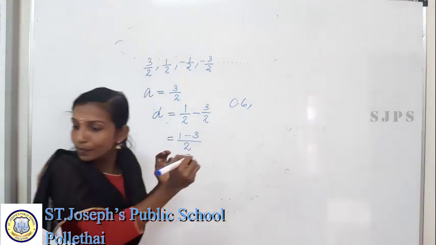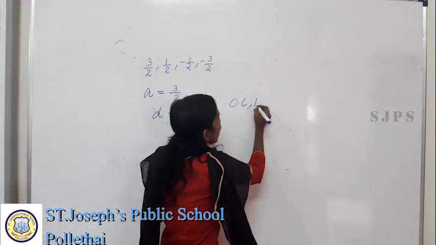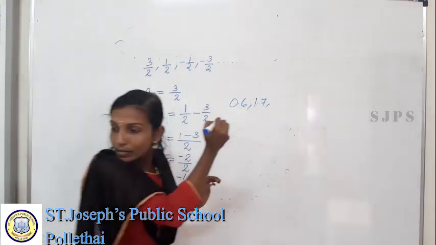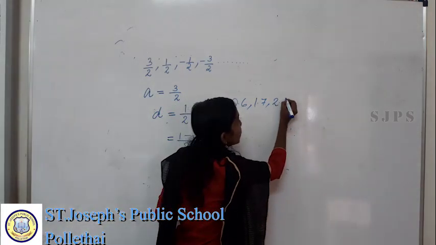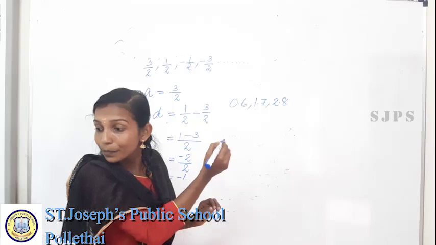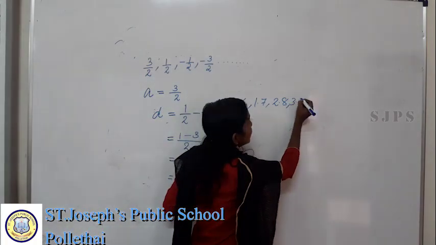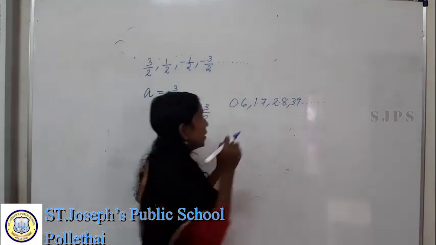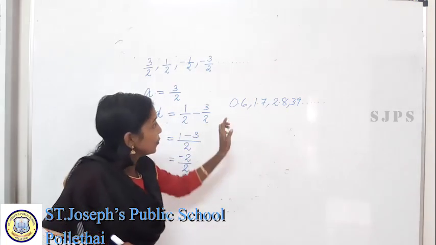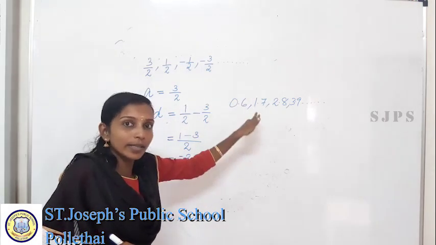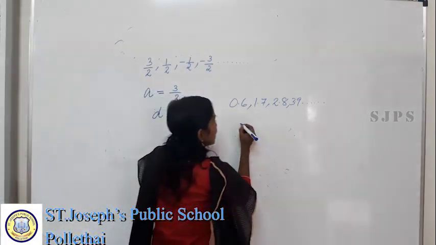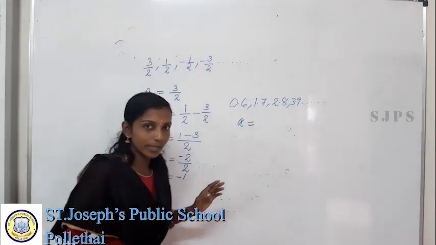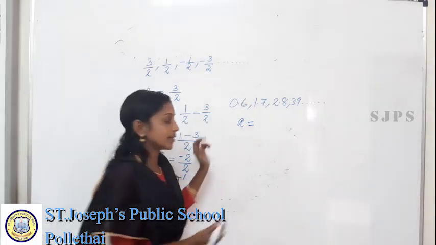Then we can do one more example: 0.6, 1.7, 2.8, 3.9. It's an AP. We want to find the first term and its common difference. The first term is 0.6.